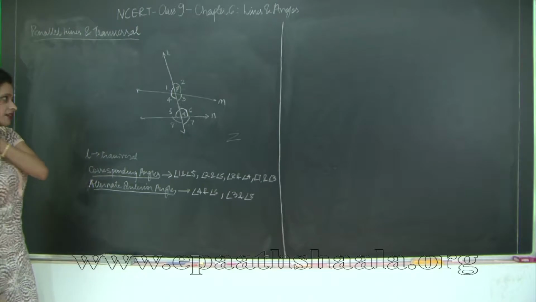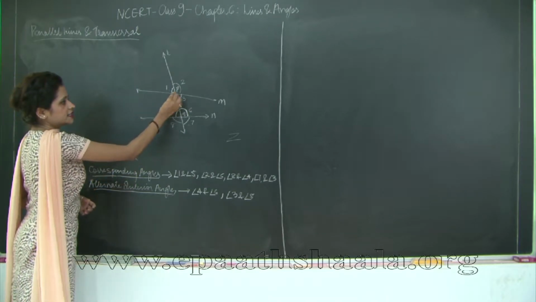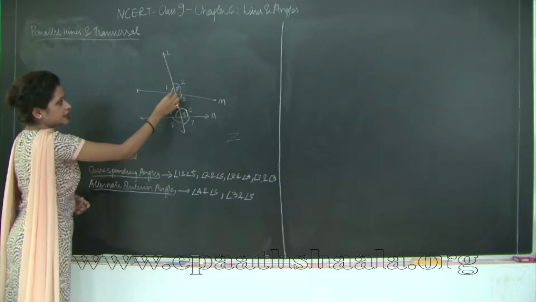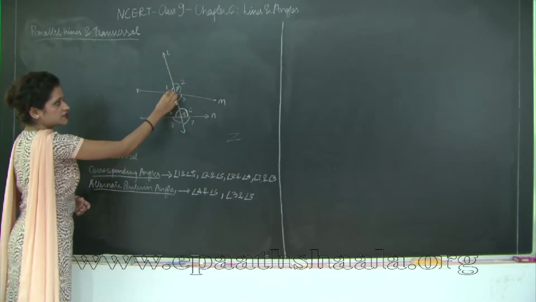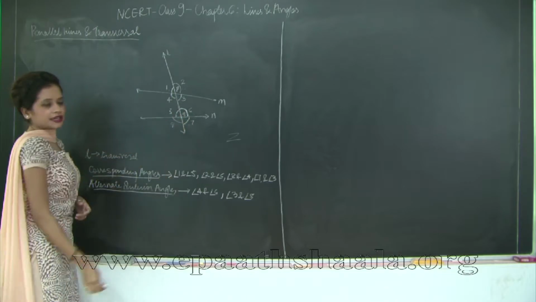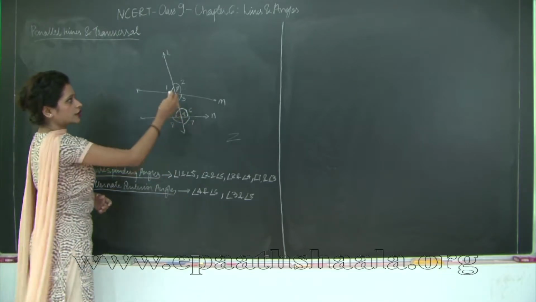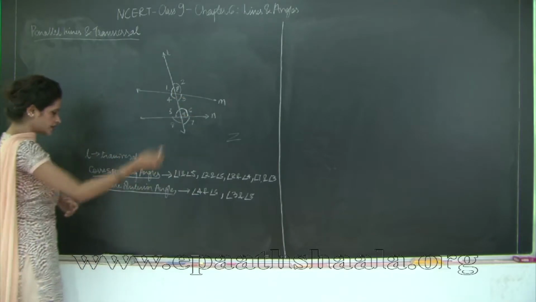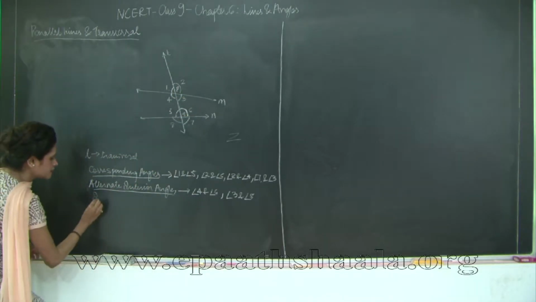Now which are the other pairs? We have interior angles on one side. So if you see this transversal, the interior angles on this side of the transversal are 4 and 5. Similarly, the interior angles on the other side of the transversal are 3 and 6. So let's write these down. Interior angles.